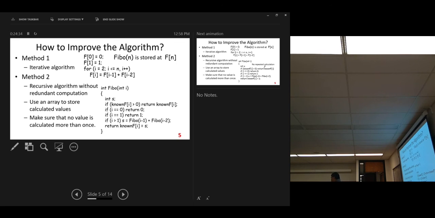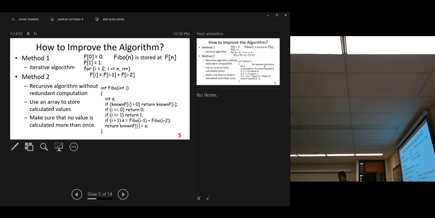But the reason we don't want to throw away the recursive one is that sometimes it's hard to find the iterative solution. Think about the Tower of Hanoi. Can you use this iterative method? Nobody can. How can you find an iterative method to solve the Tower of Hanoi?